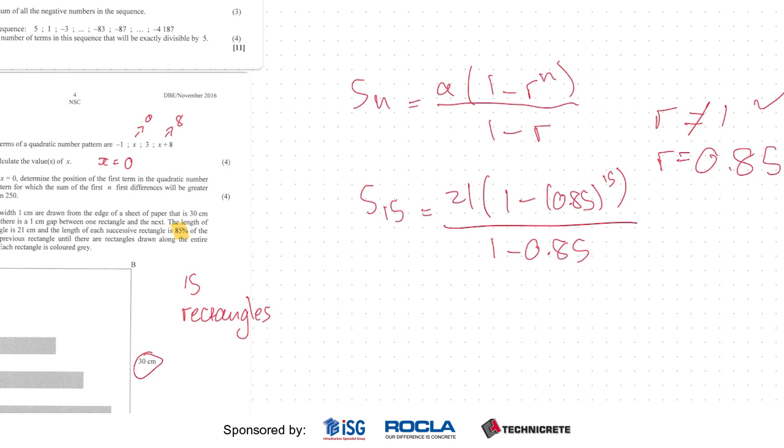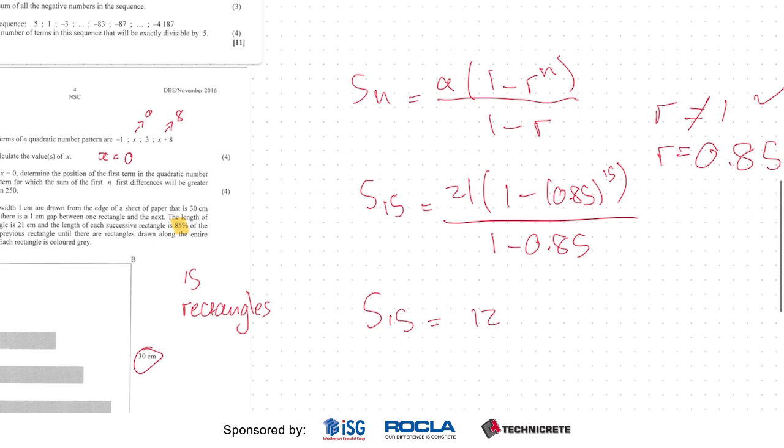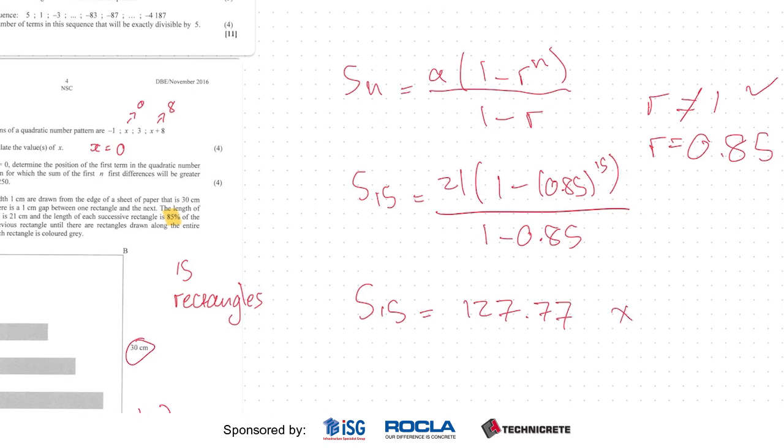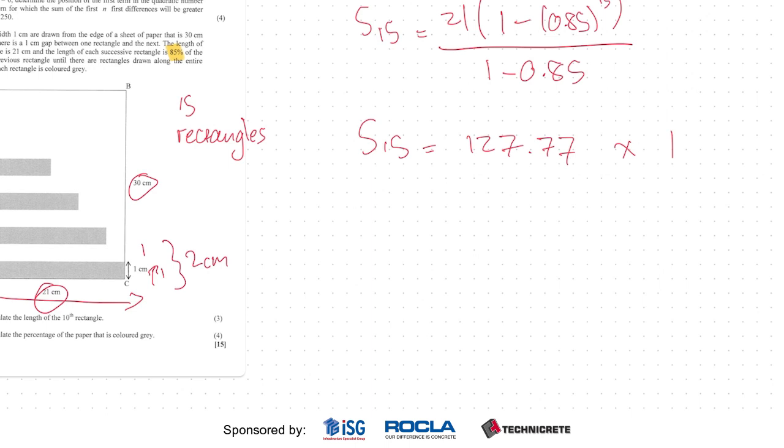Just going to plug this straight into a calculator, and you should get 127.77. Then to get the area, remember you just multiply by 1, because each rectangle has a width of 1. And then the total area of the paper, we'll say 30 times 21, which equals 630.